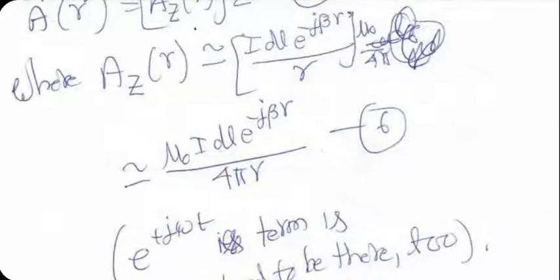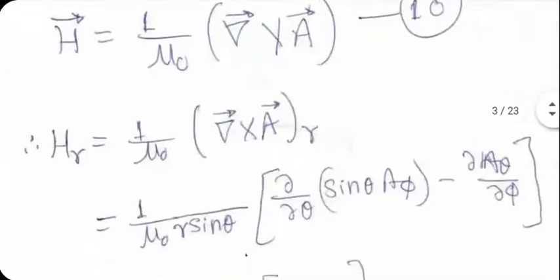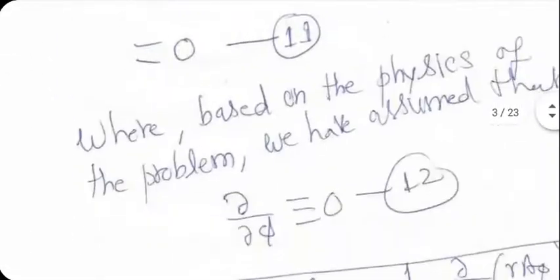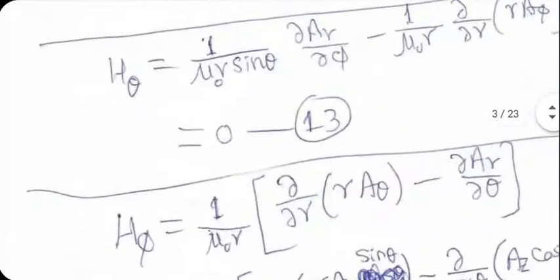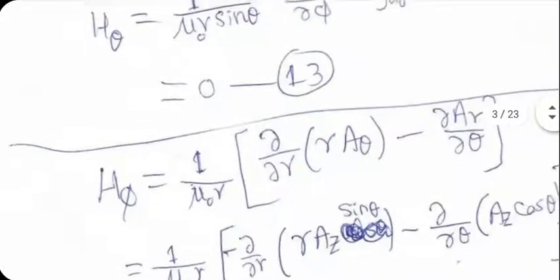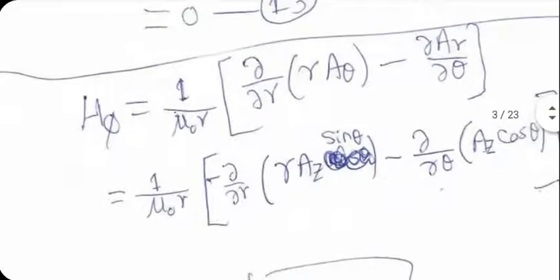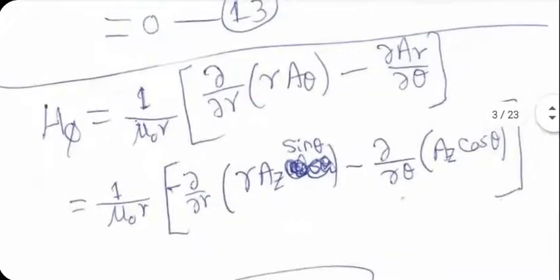A bit of derivation is required here. I have tried to do it as much as I could in detail. Minus sign is there because A theta is minus Az sine theta. So minus has gone out.